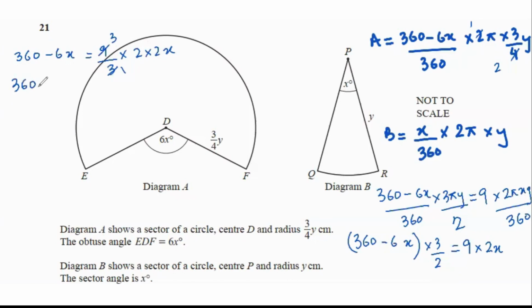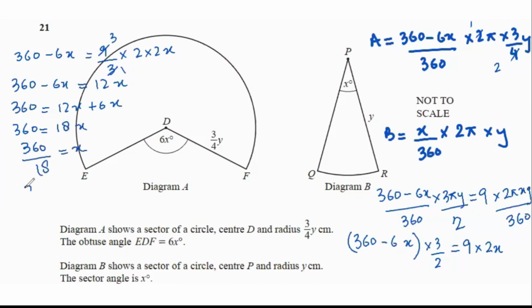So 360 minus 6x equals 12x. 360 is 12x plus 6x, which is going to be 18x. So 360 divided by 18 is 20. That is your value.